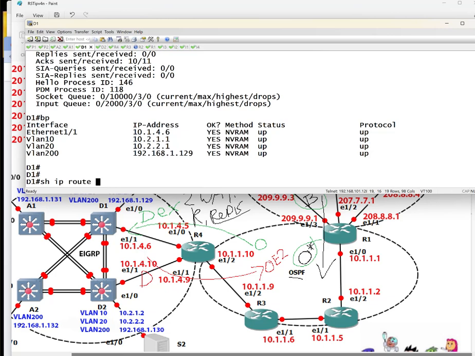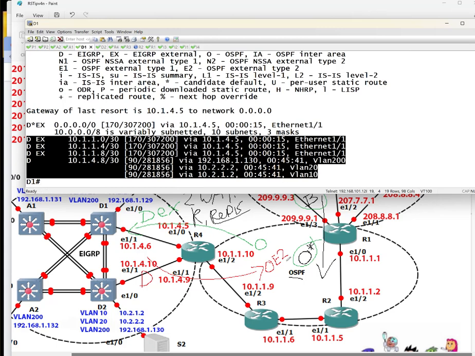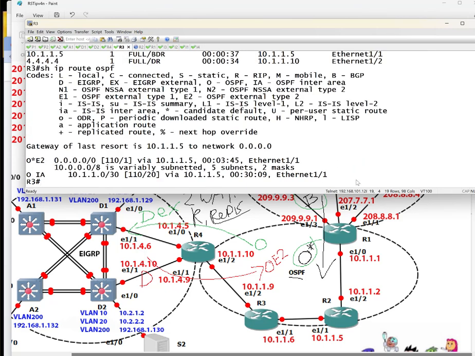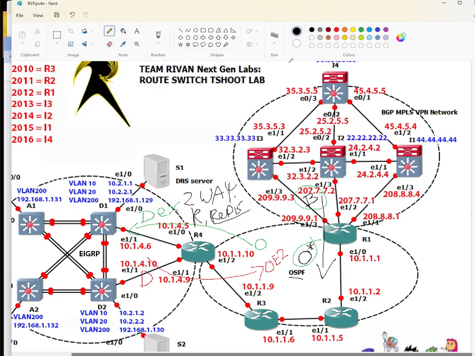Show IP route EIGRP. There's the DX. This got over there. But R3 only has 2 routes. This network still has to go to this one.